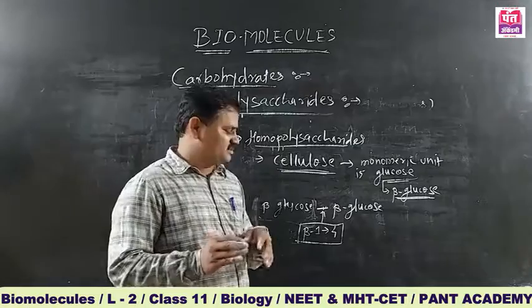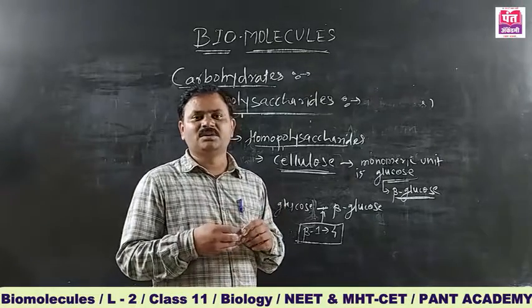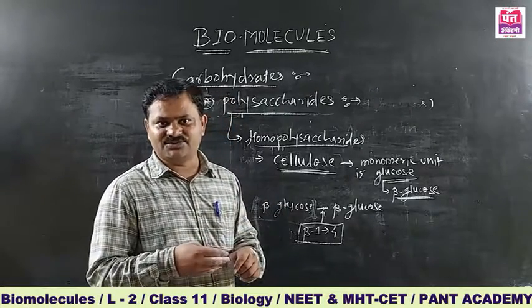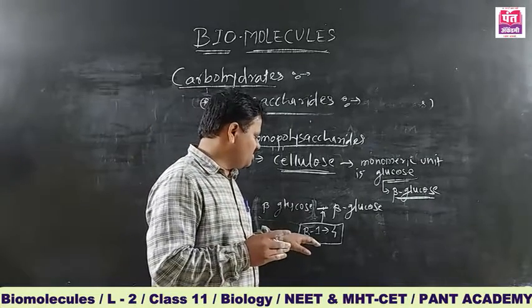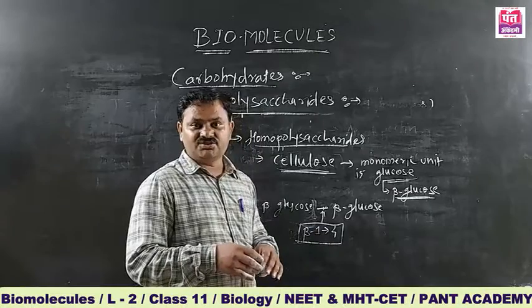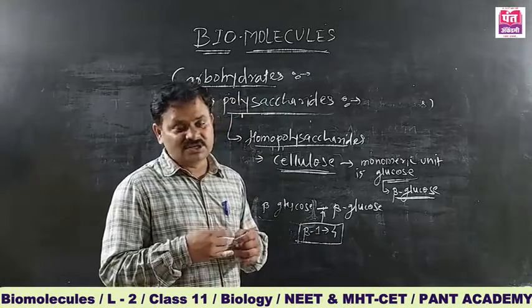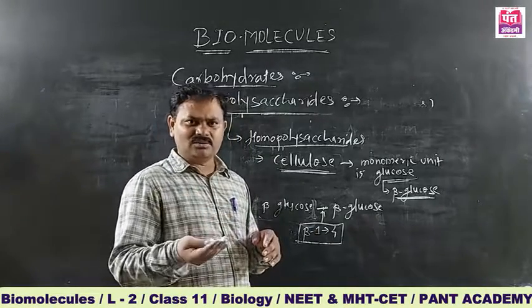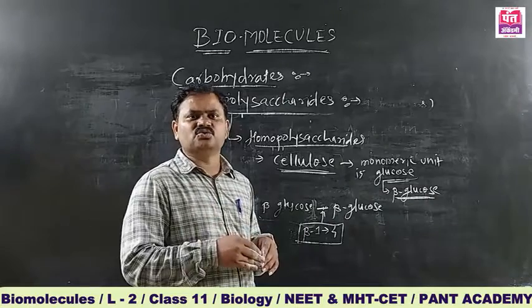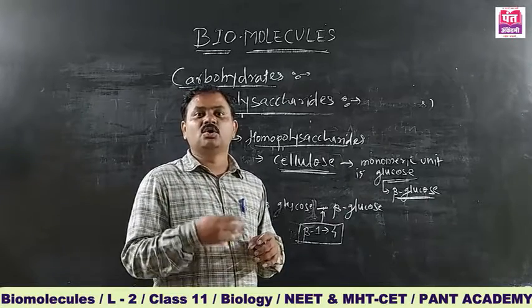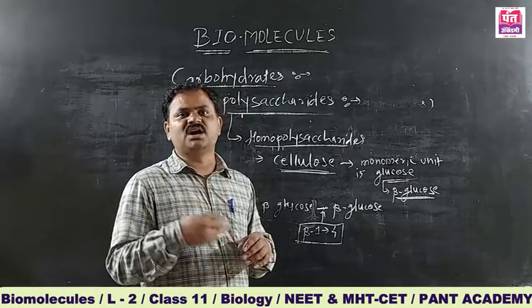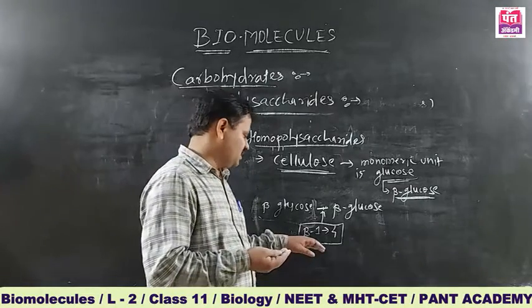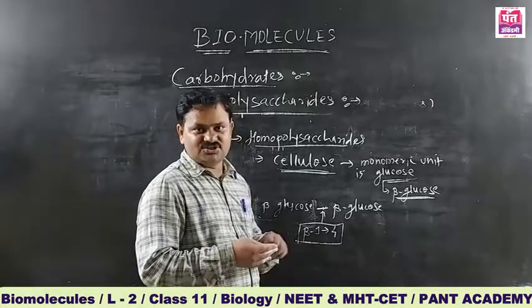The enzyme present in the animal body is alpha amylase, and this alpha amylase can't break the beta 1,4 linkage, and therefore animals can't digest the cellulose. But some ruminants have different kinds of bacteria which secrete a beta amylase and therefore help in the digestion of the cellulose.